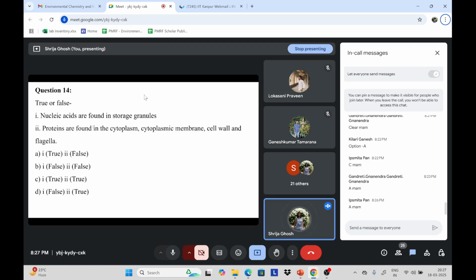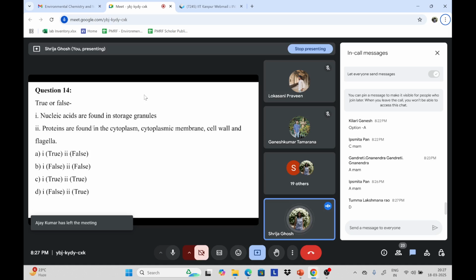What about others? Do you agree with option A or do you think another option is correct? Okay, we have another answer, option D. First statement is false, second statement is true. Anyone else wants to answer?